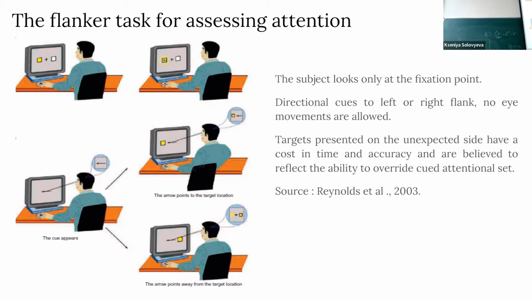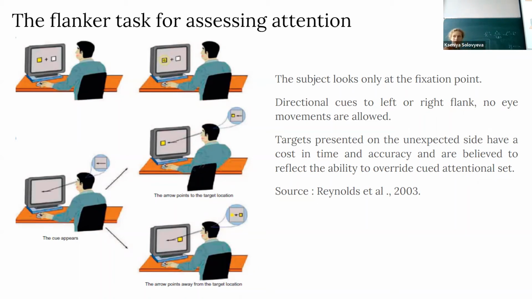And he measured the difference in two cases. The first case was when the arrow shows you should pay attention to the left, and you have the stimulus on the left. And the second variant is when it shows you should pay attention to the left, but you have the stimulus on the right.